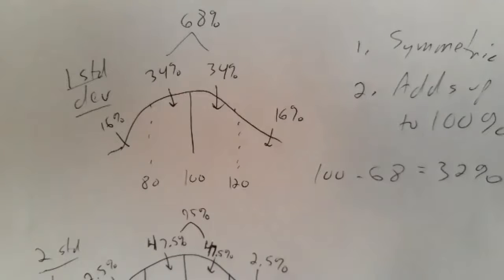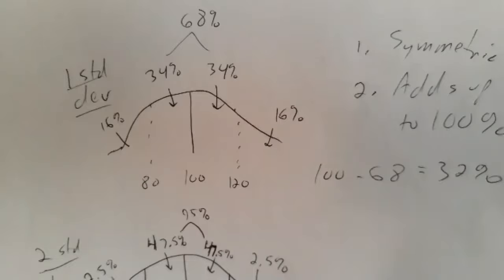And then H says between 80 and 120. That's basically between one standard deviation. So how much is between one standard deviation? Yeah, there it is.